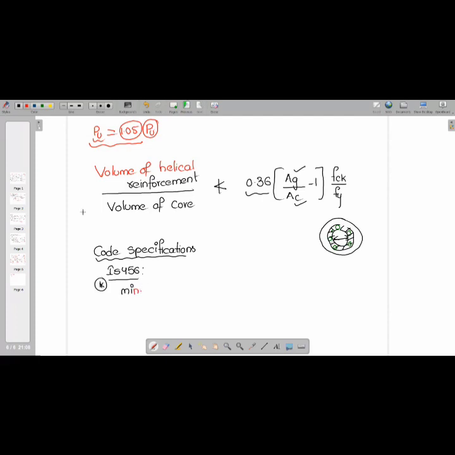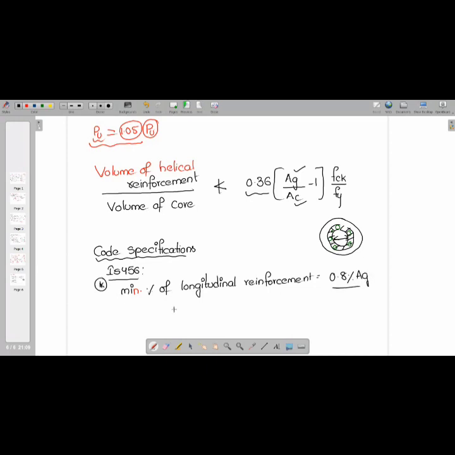Here the first point: the minimum percentage of longitudinal reinforcement is 0.8% of gross area. How much, sir? 0.8% of gross area.